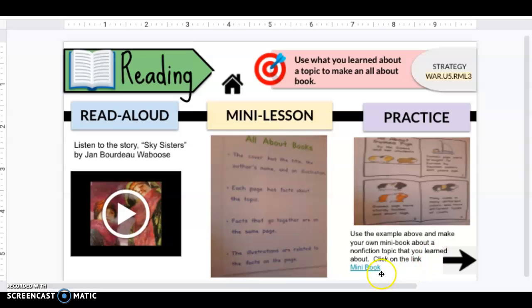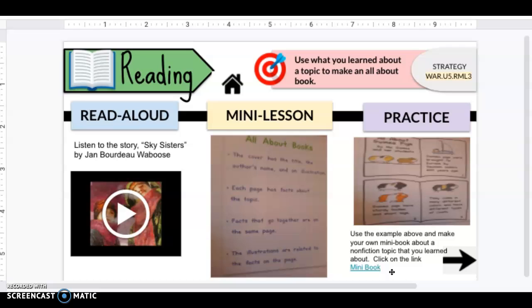There is a link down below that you can click, and there are pages that you can print off to use, or you can just take some paper that you have at home and make a little book from the paper and staple it together or fold it together and make a little mini book.